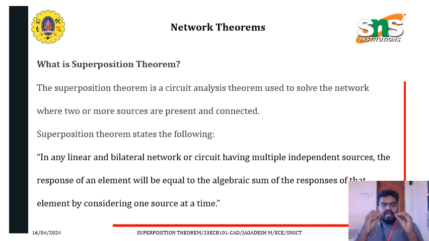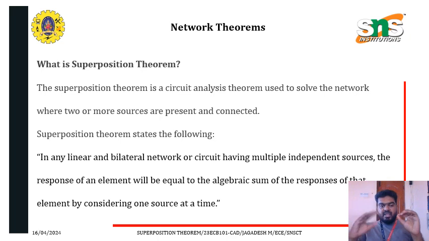That means, if you are given two voltage sources, assume they are V1 and V2, and you are asked to find the current value in a particular resistor using these two voltage sources. In the case of the superposition theorem, we enable one voltage source at a time and disable the other voltage source by making it an open circuit. We find the value of current in the particular resistance using only one voltage source, and keep that value.